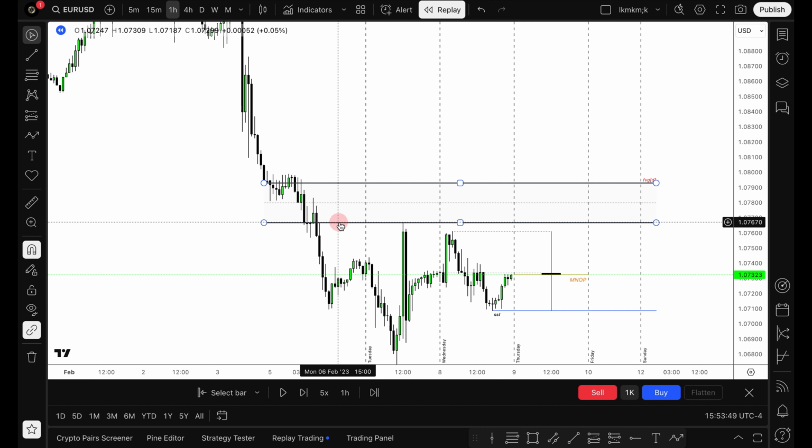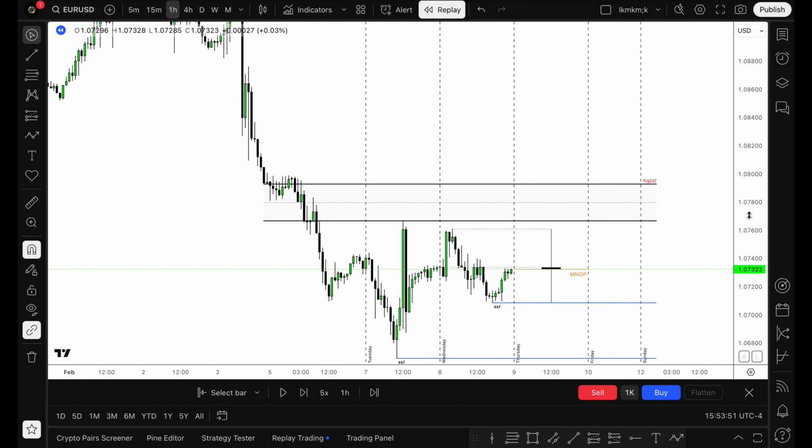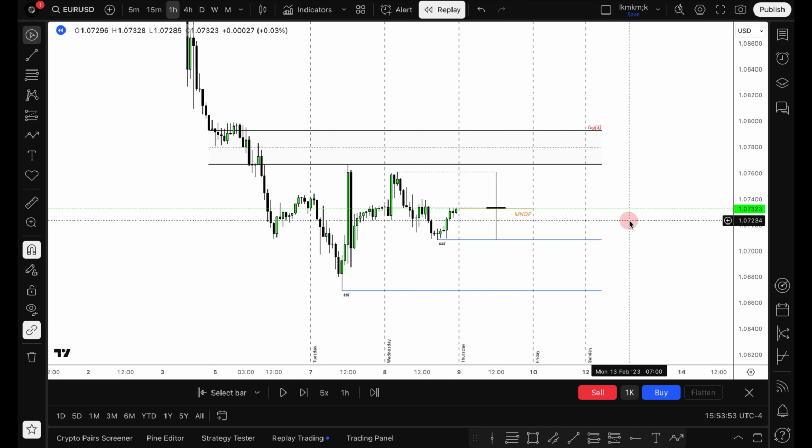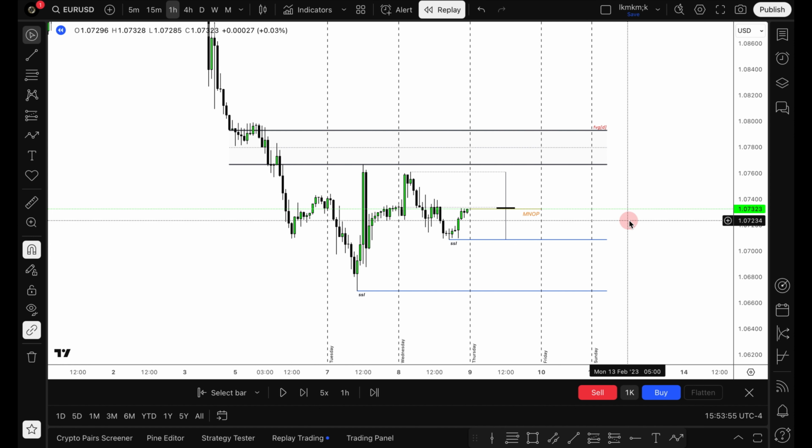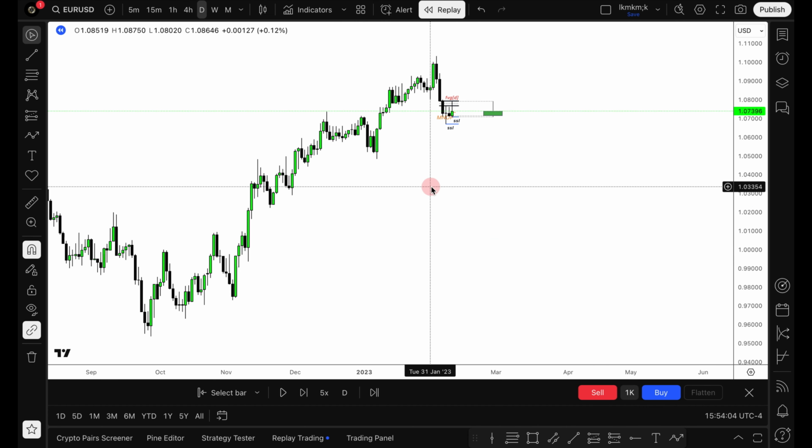Moving on to the next part of the video, I'm going to show you an example of a bearish reversal candlestick print. Just a quick one. I'm going to start off from the daily.